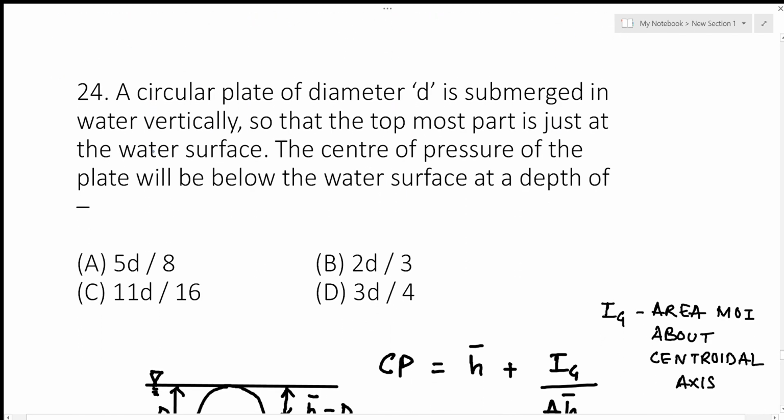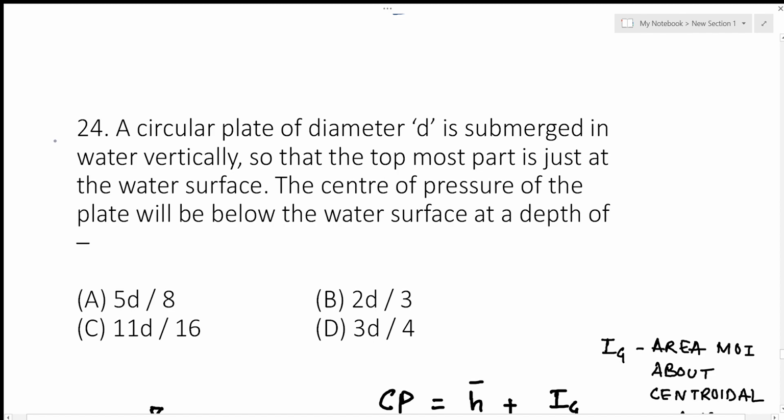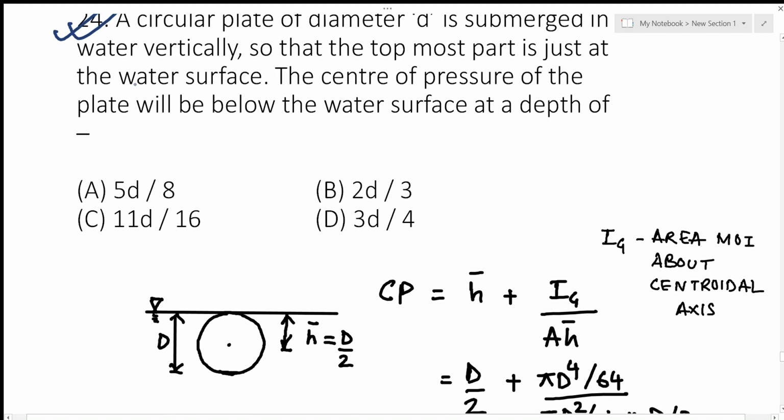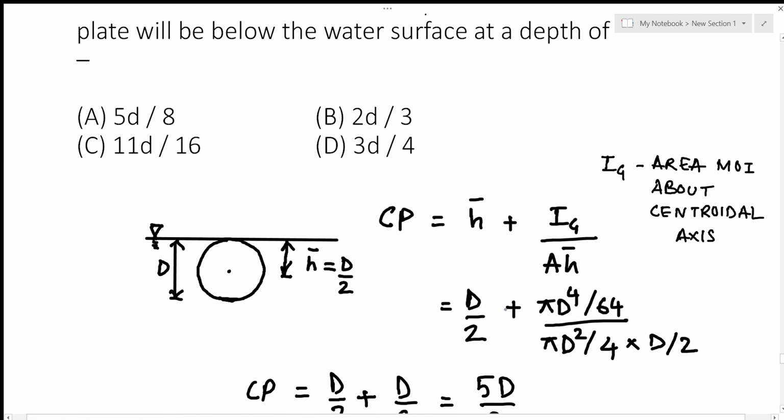The next question: a circular plate of diameter D is submerged in water vertically so that the topmost part is just at the water surface. The center of pressure of the plate will be below the water surface at a depth of. Now, center of pressure is given by H bar. H bar is nothing but the CG from the free water surface. So H bar is the CG plus IG, where IG is area moment of inertia about centroidal axis divided by area into CG.